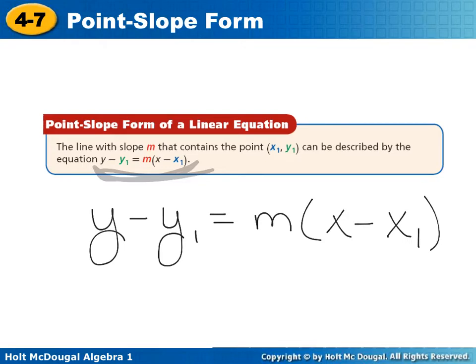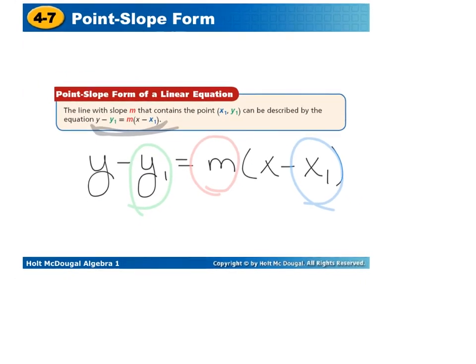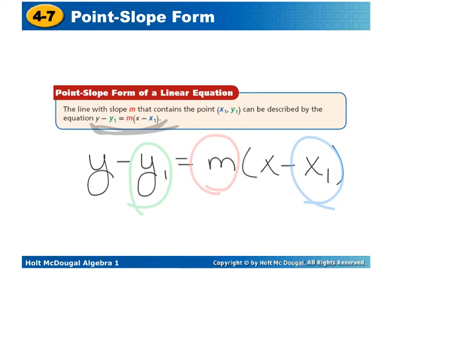Now, when we first start out doing problems, all we need to do is take out the y1 and put in a number from an ordered pair, take out the m, and take out the x1. So if you memorize this formula, all we're going to do is replace these three letters with numbers. I'm going to give you an example of it. It's not in your slides. I'm just going to make up a random problem right now.